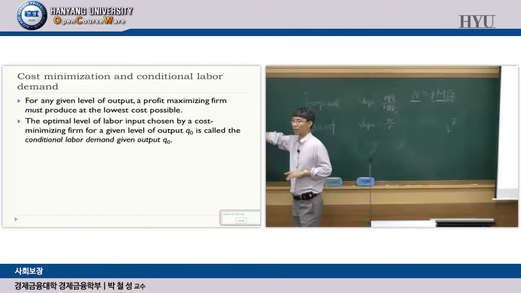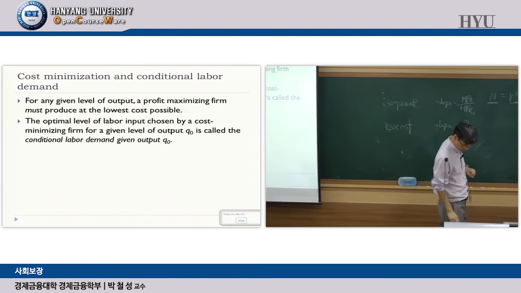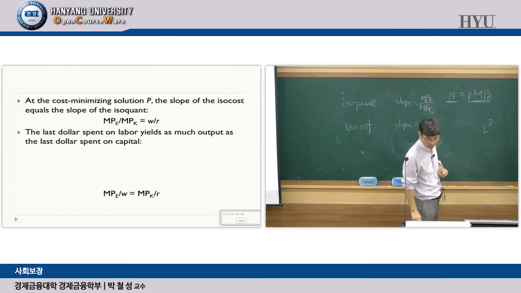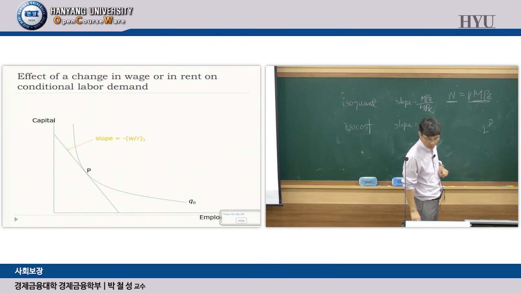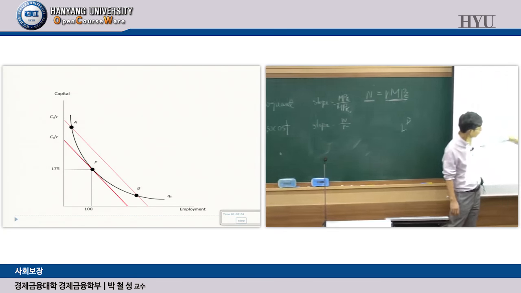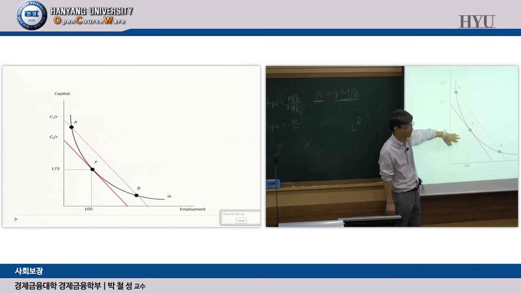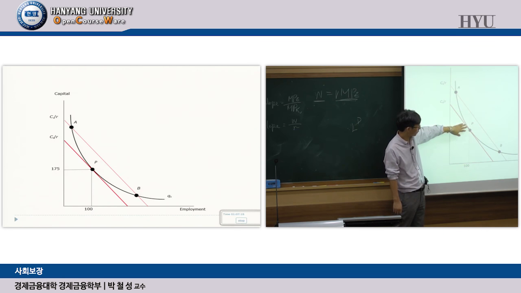So in this particular case of the labor demand curve, what we are going to do is, for example, if the order is Q0, then when the wage changes, keeping the order Q0 constant, we can figure out how the labor demand is going to change. Now we can say that when the wage goes down, they will use more labor and less capital. You will see later.